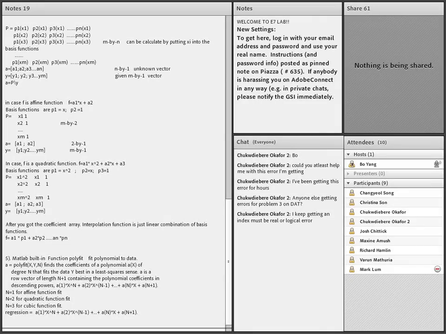For arbitrary basis functions p1, p2, p3 to pn, with training data xi, yi, i from 1 to m, we find the regression function.